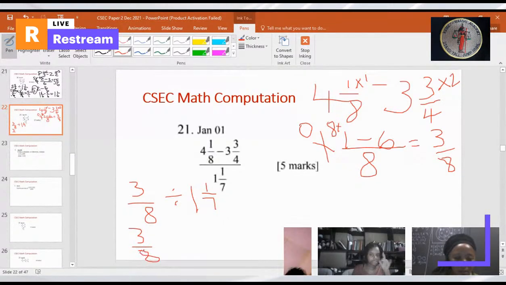And then we are going to change the division sign to multiplication. And we're going to change 1 and 1 over 7 to an improper fraction, then invert it. So 7 times 1 is 7, plus 1 is 8 over 7. And since we're inverting it, it's going to be 7 over 8. So 3 over 8 times 7 over 8.